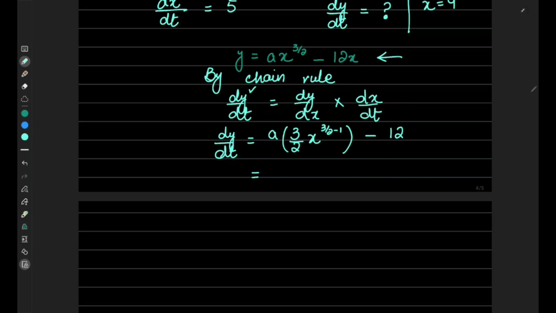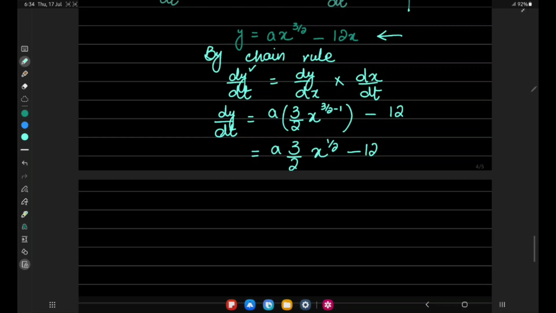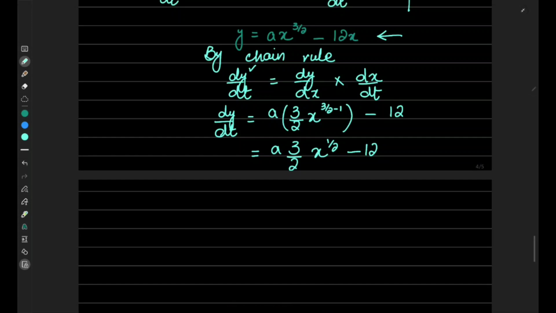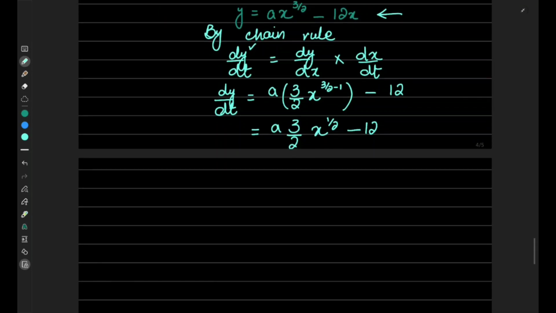It's 3 over 2 minus 2, so it will be 1 over 2. So let's substitute this in your required chain rule.